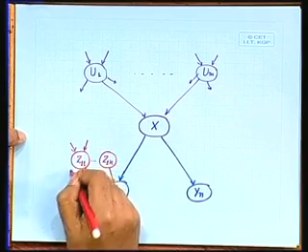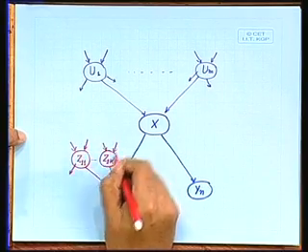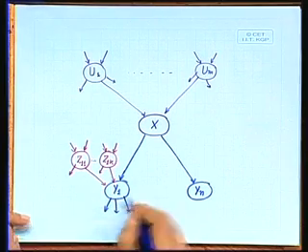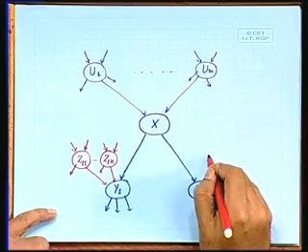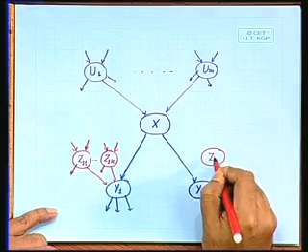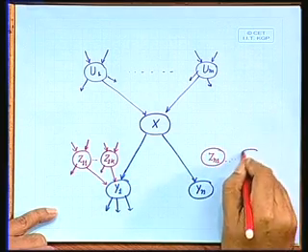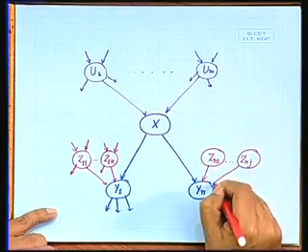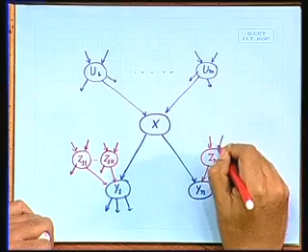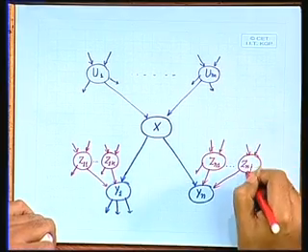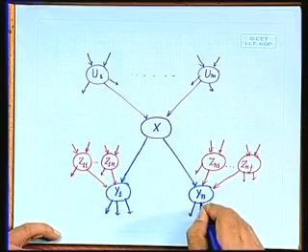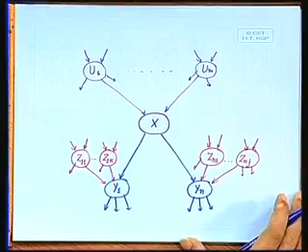Each of them can have their own parents and children, and similarly our y1 can also have other children. So, this is the general scenario under which we are analyzing the probability of x given the evidence.